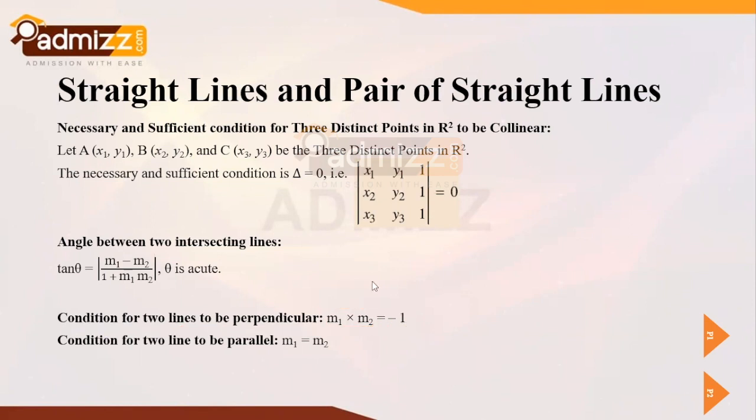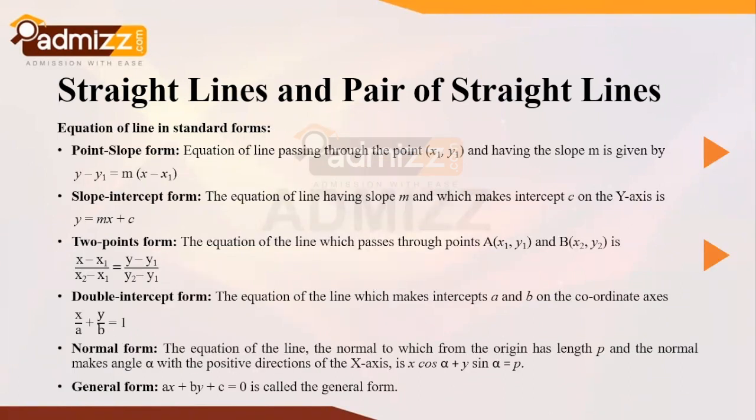Let's have a look at further exploration of concepts, that is, the equation of a line in standard form. We will find a few fundamentals that showcase how many forms of the equation of a straight line are used in practice.